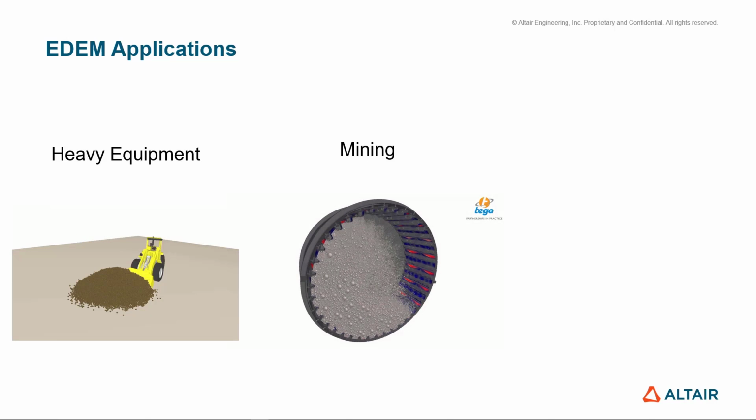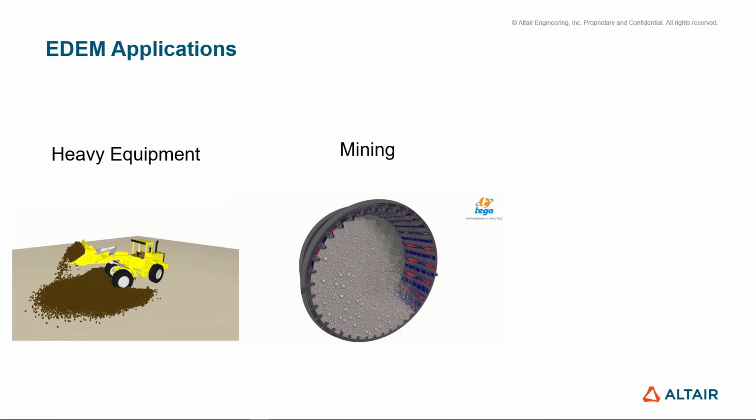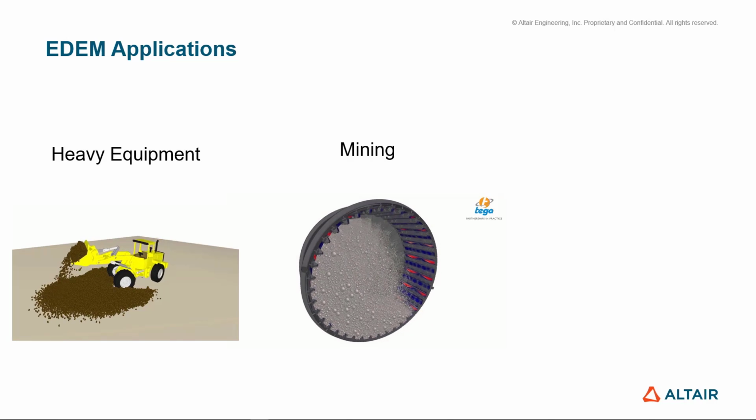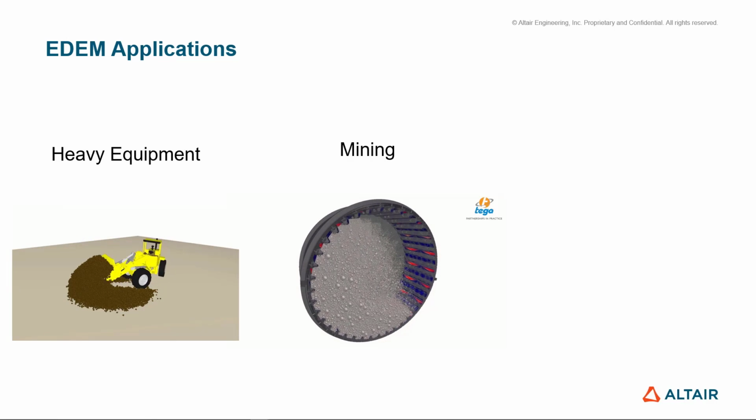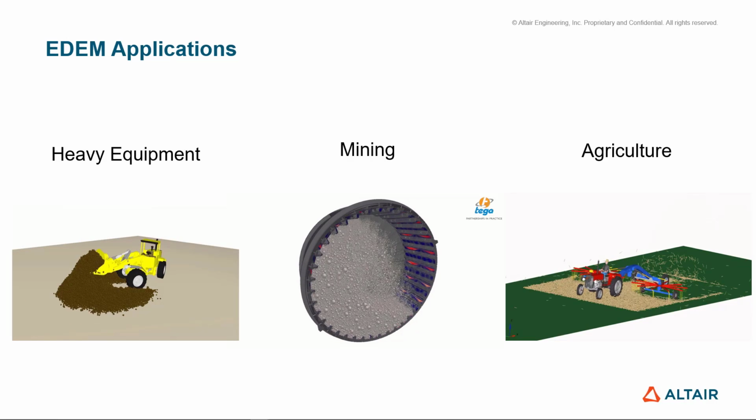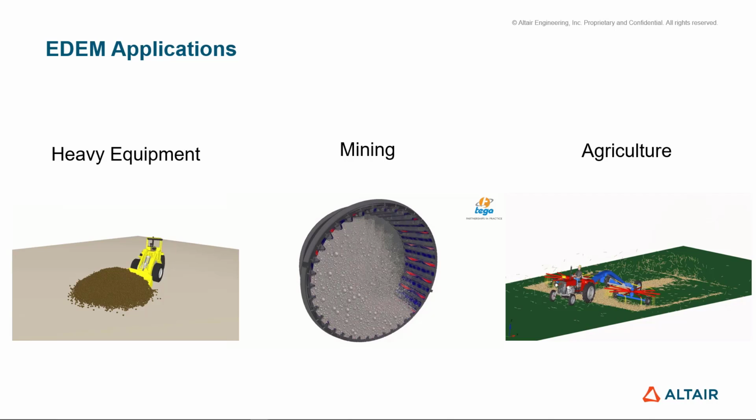It is also used in the mining and metal industry to test and verify performance of conveyor belts, transfer points, crushers, grinding mills, and also in the agriculture industry, as we can see here. That is EDEM coupled with MotionSolve, and I will explain an example later on during the presentation.